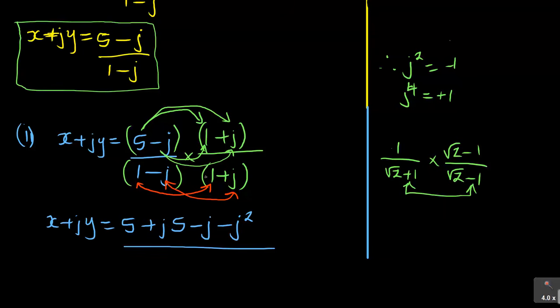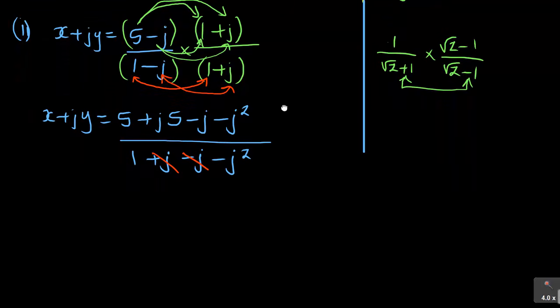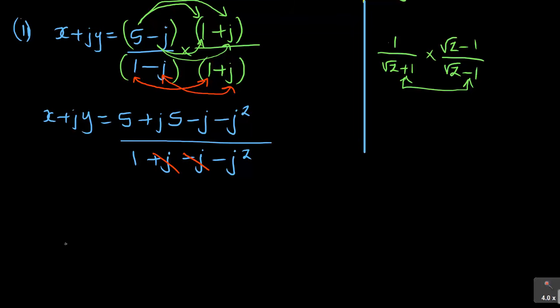So this is 1 times 1, which is 1, and then 1 times j, which is plus j, minus j times 1, which is minus j, and minus j times j, which is minus j squared. So you see what I mean when I say you multiply the first and the last, because plus j minus j will simply give you 0.